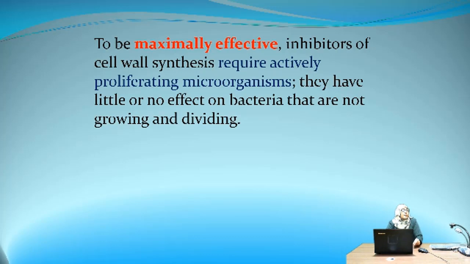Thus, they have little or no effect on bacteria that are not growing and dividing. So, to produce a maximum effect from these antibiotics, we need bacteria that are growing and dividing, or in a proliferating condition.